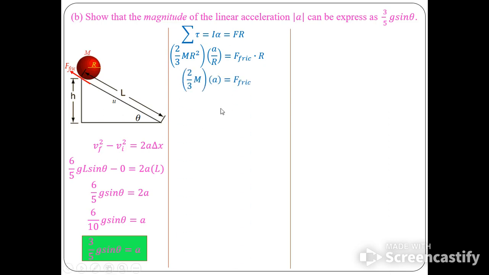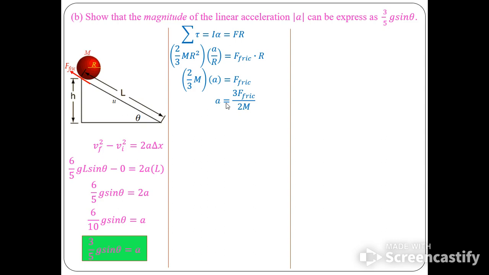And you just do basic manipulation. Again, this R can be moved down there. That'll make it R squared. That R squared is going to cancel out with the R squared here. So essentially that leaves you with the next statement, which is 2/3 ma. And there's no R in that statement because all the R cancels out. And you can go ahead and simplify for a. And this is what a is going to look like.